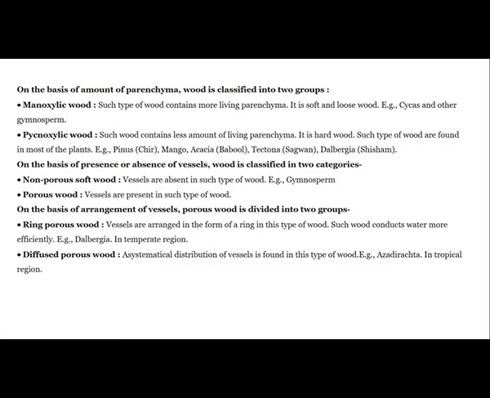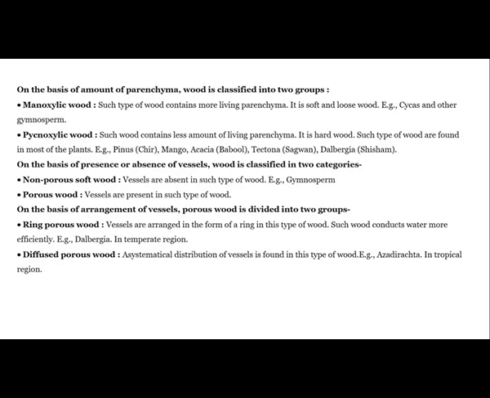Now, wood can be of different types on the basis of amount of parenchyma, or on the basis of presence or absence of vessels. On the basis of amount of parenchyma, the wood can be of two types: the monoxylic wood and the pycnoxylic wood.